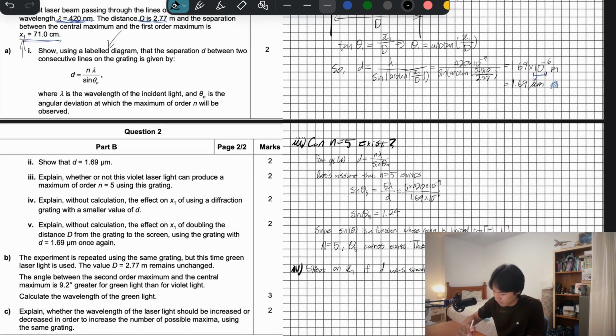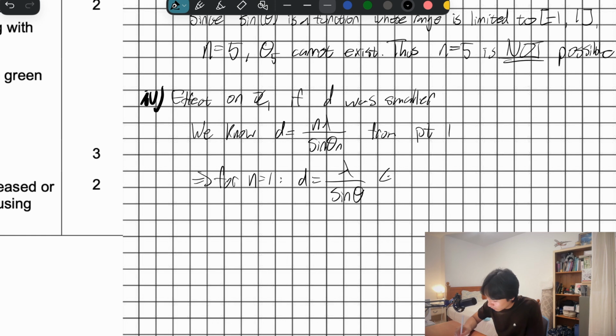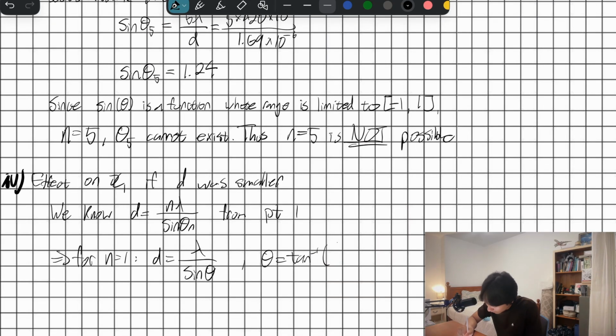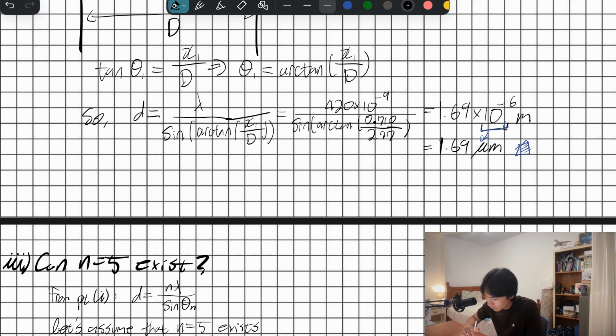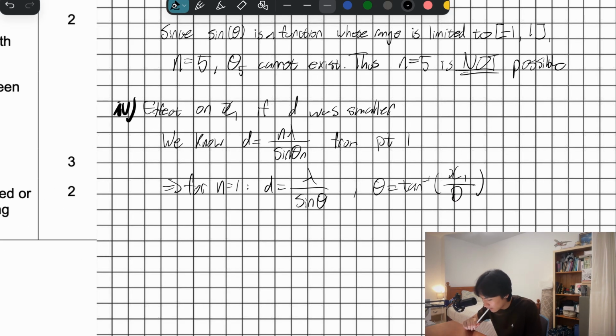So just go back. We know this property here, and we also know that theta was arctangent of x1 over t.